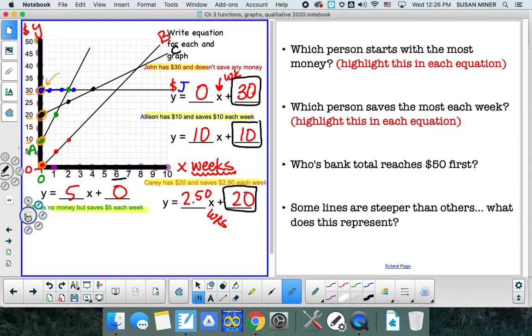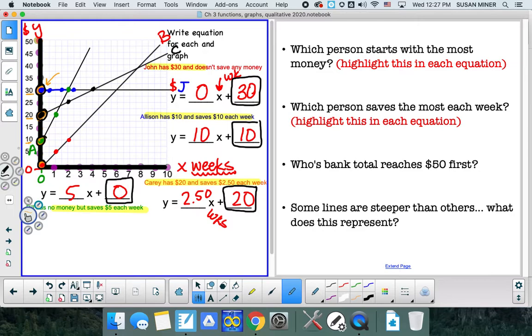That's why we call this the starting value or the upfront cost or the fee, right? In my equation, that number represents the starting place on my graph. It's that place on the y-axis that is the initial value of my graph.